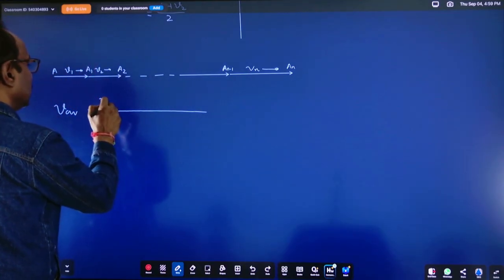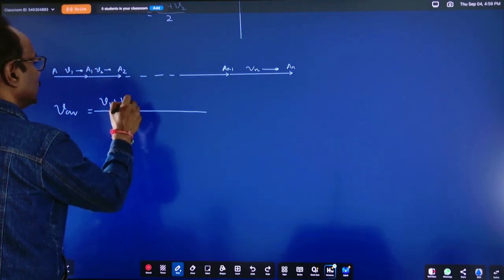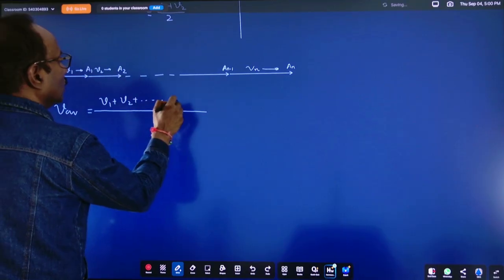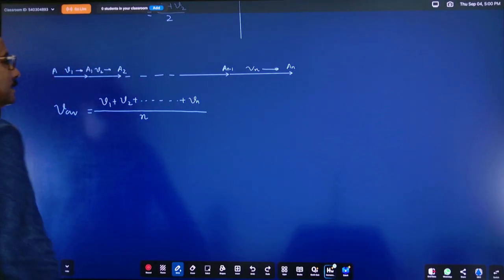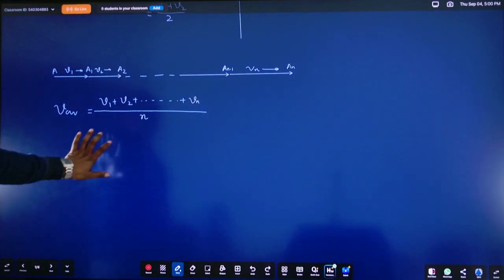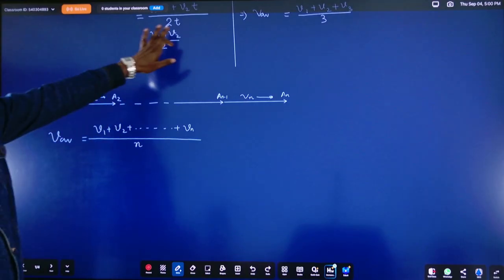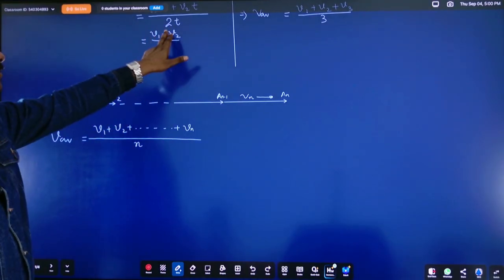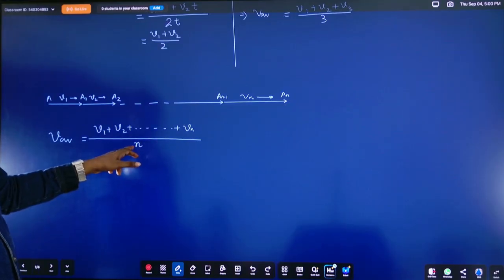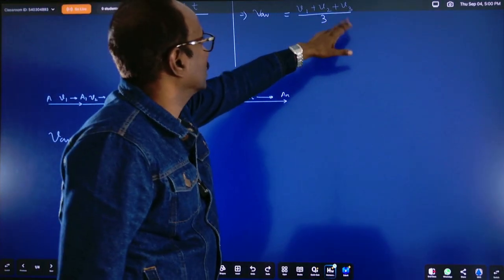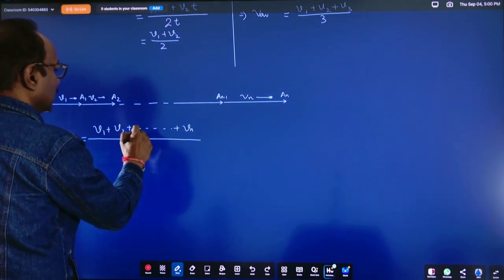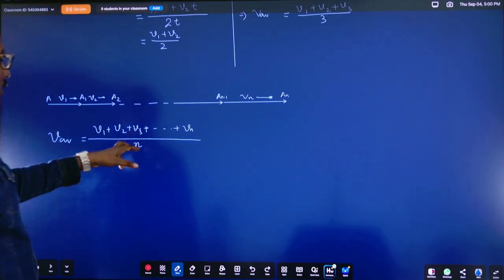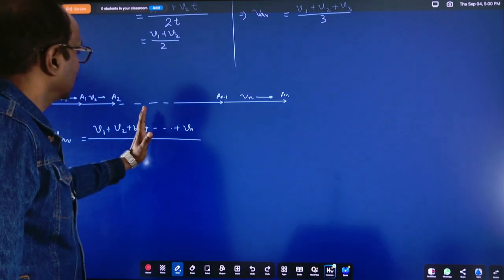You will be writing v1 plus v2 and so on till vn divided by n. v1 plus v2, so there are only two, so n is 2. v1 plus v2 plus v3, 3.